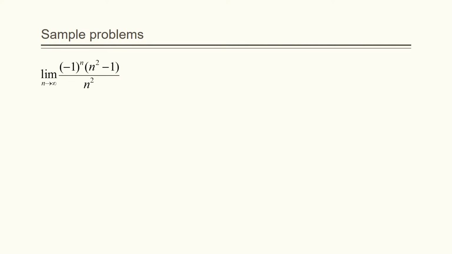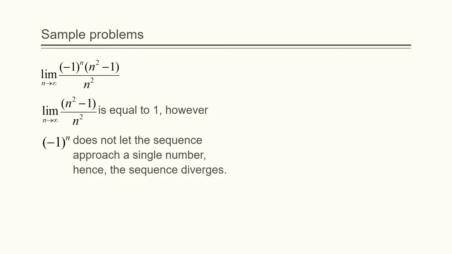In this other example, we have the limit of (-1)^n times (n squared minus 1) over n squared as n goes to infinity. So we basically get that this limit is equal to 1, but the (-1)^n does not let the sequence approach a single number, hence the sequence diverges.